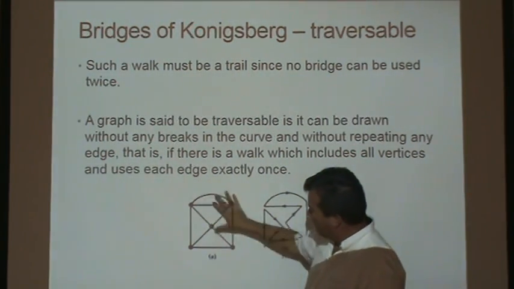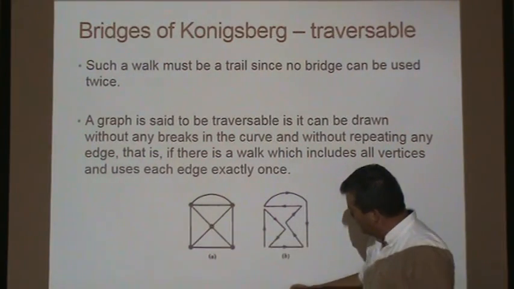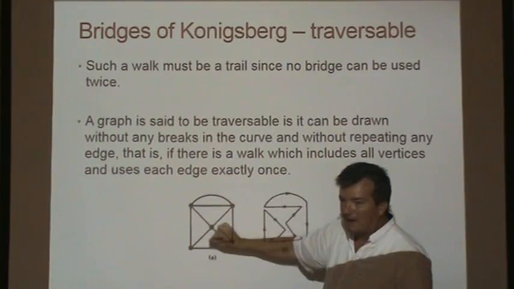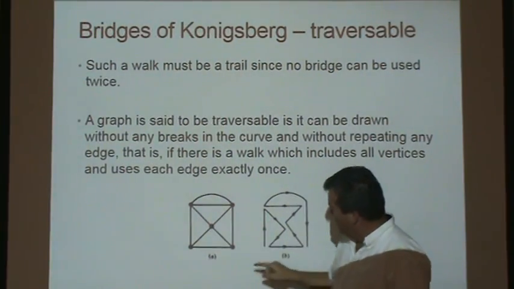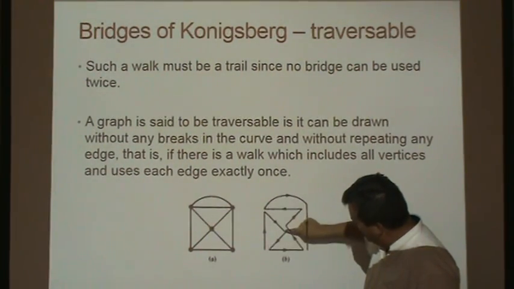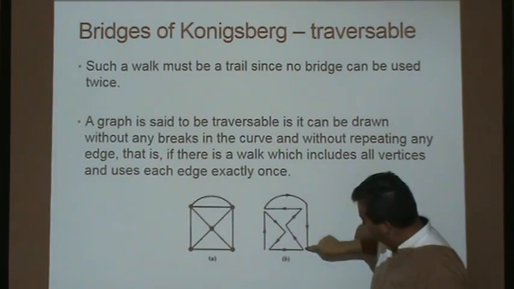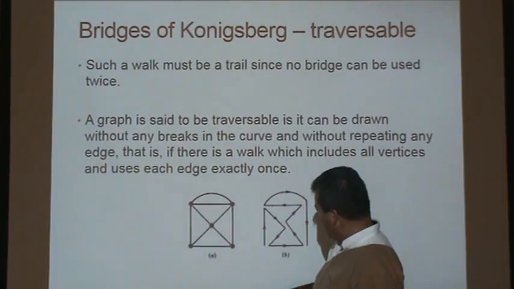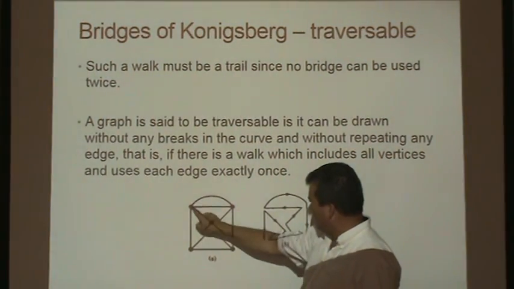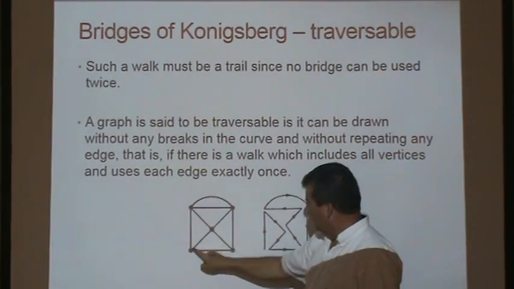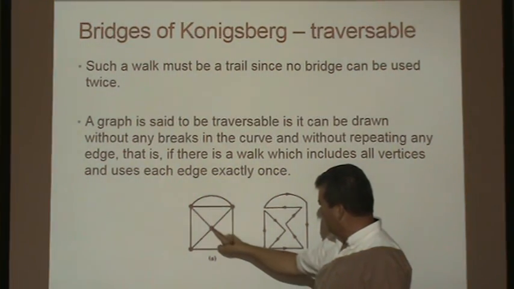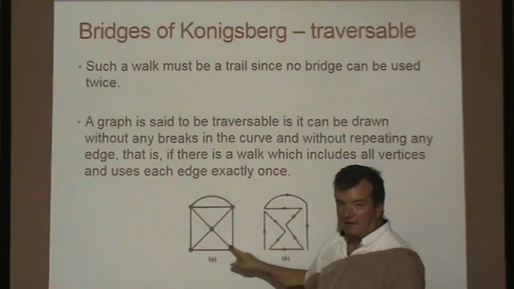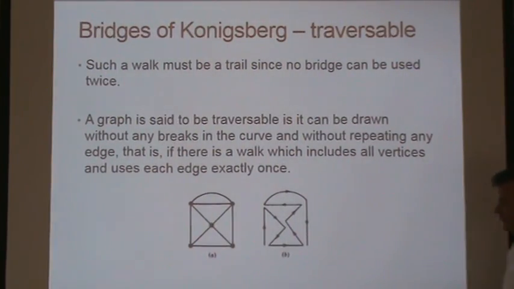So for example, this graph is traversable because you could draw it by, let's say, starting here. Basically, can you draw the whole picture without lifting your pen off the paper? So you could kind of draw it like this. You could start here and go like this, and draw the whole picture without ever taking your pen off the page.